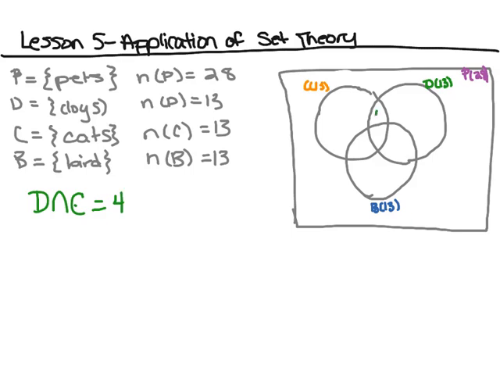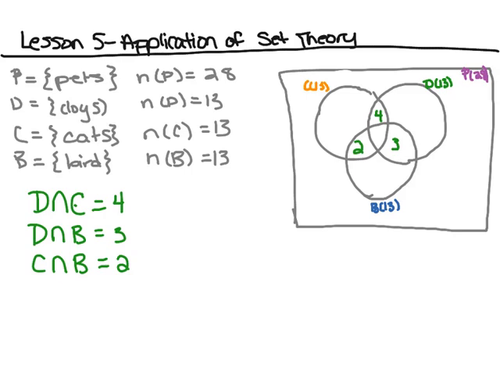So dog and cat intersects right here. 3 children have only a dog and a bird. So it's the intersection of dog and bird, which is 3. So dog and bird intersects right here. And 2 children only have a cat and a bird. So that is the intersection between C and B.